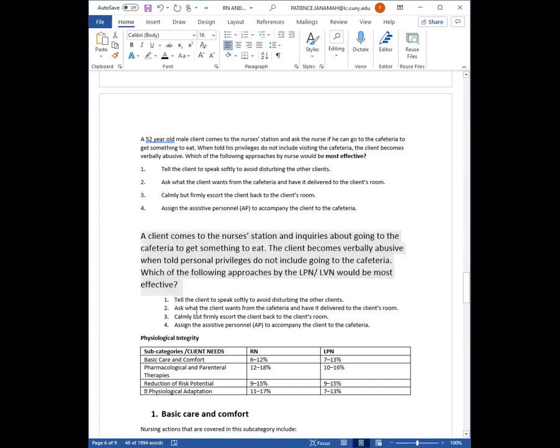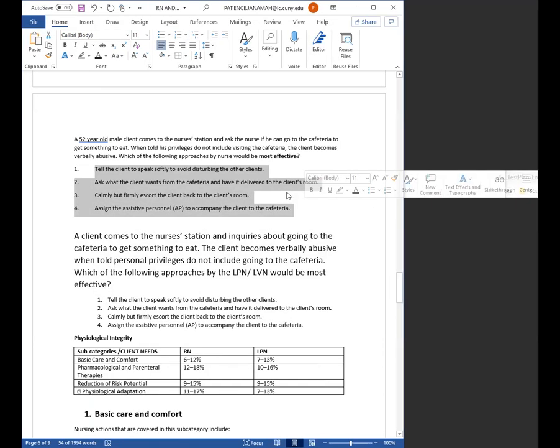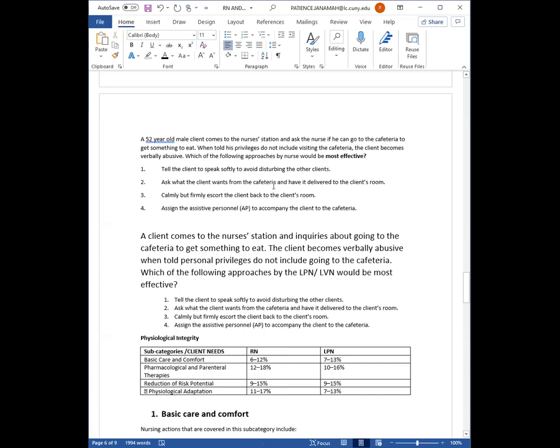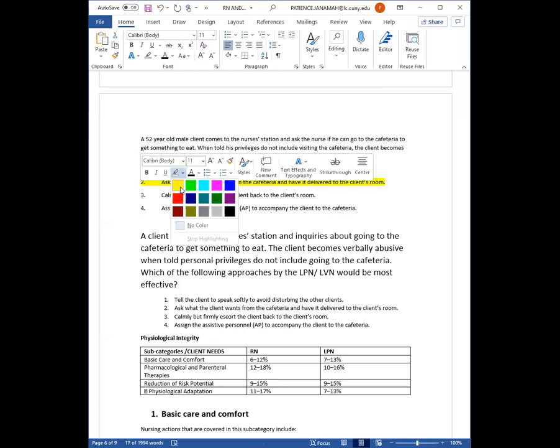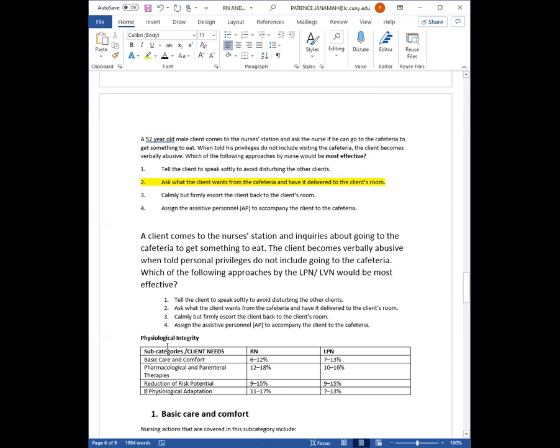Clementina, can you answer the second one? Gertrude, what's the first answer? I'm thinking of 2. Ask what the client wants from the cafeteria and have it delivered to the client's room. I highlighted. Clementina, what do you think?